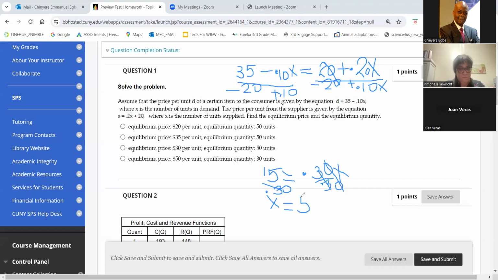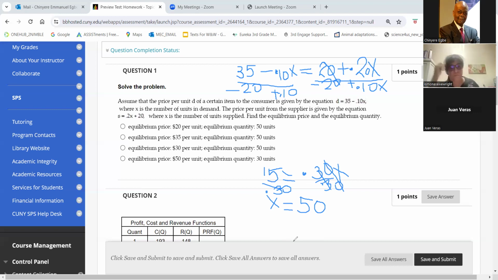See? Going to verify that. Right? So x is equal to 50. And so this is what you have here. Okay. So now x is 50. All right.